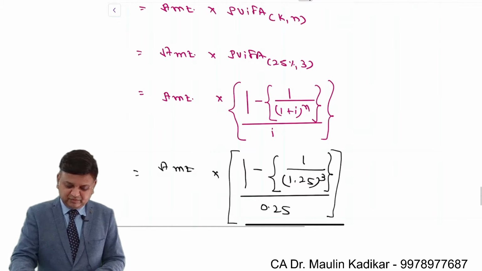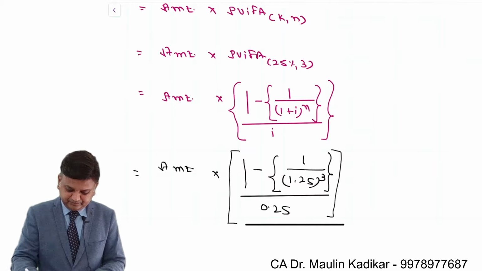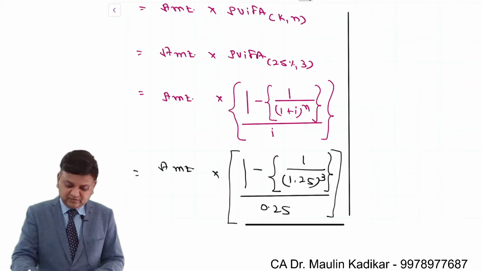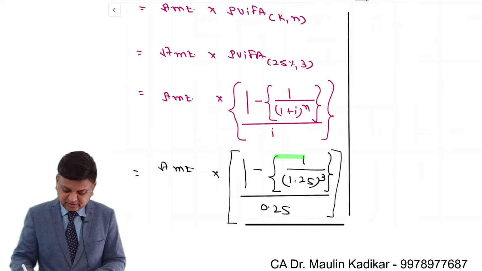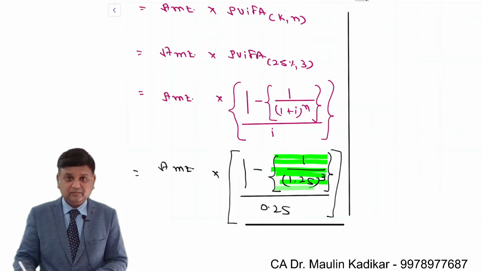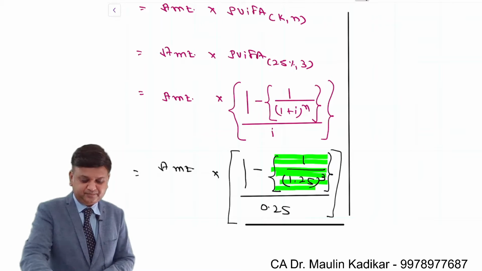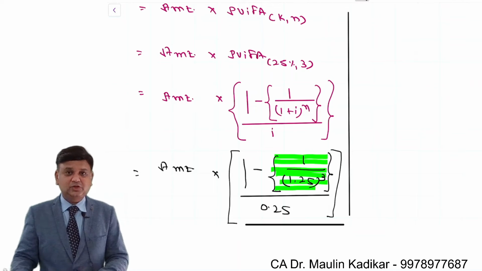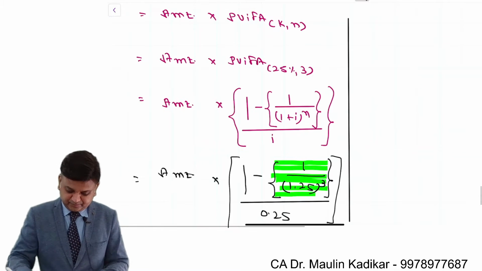I am solving the equation side by side. First of all, we are required to solve this part. 1 divided by 1.25, three times, is 0.512.